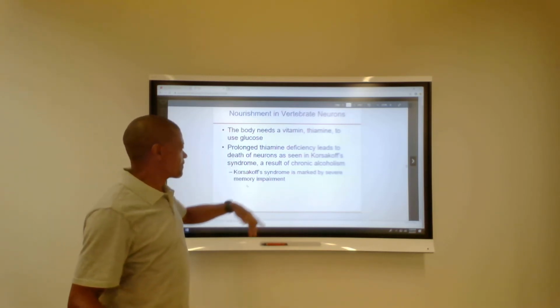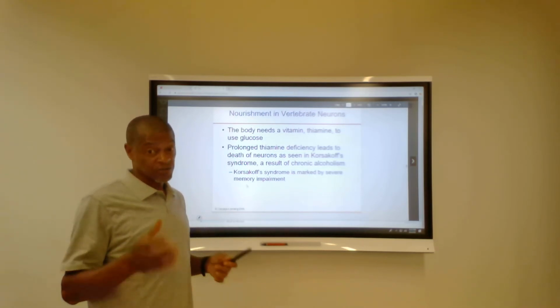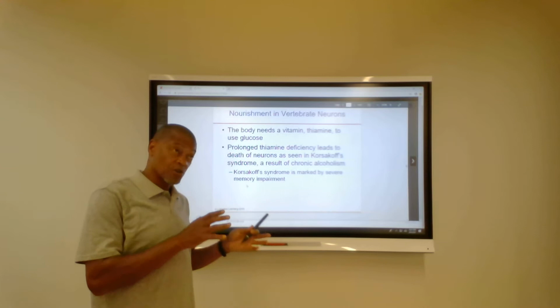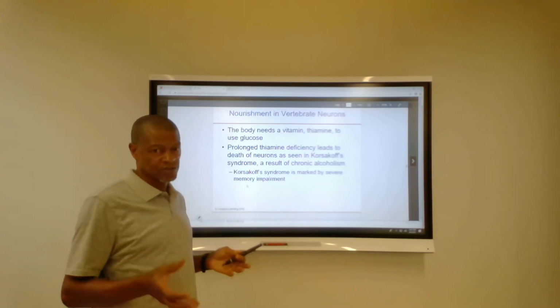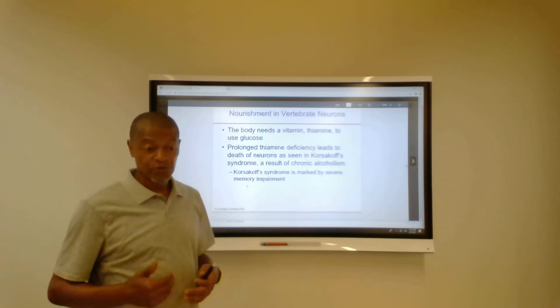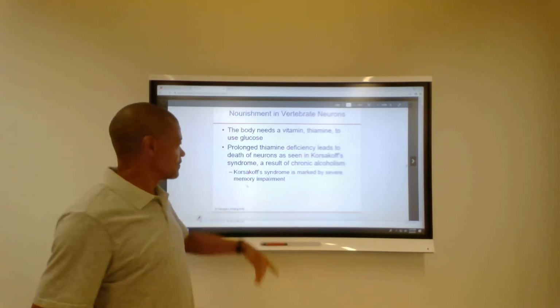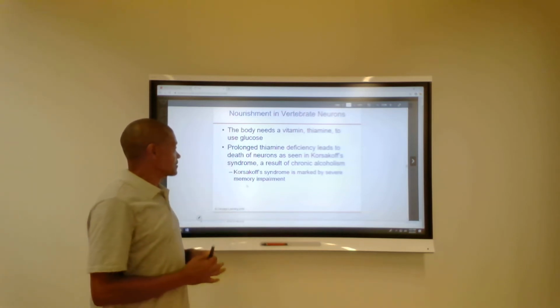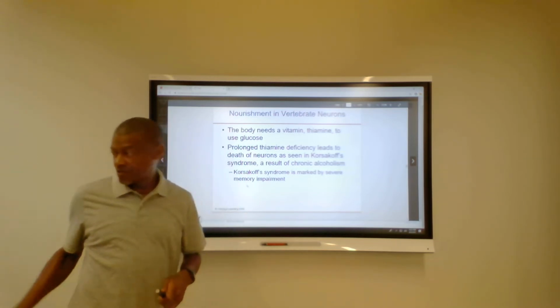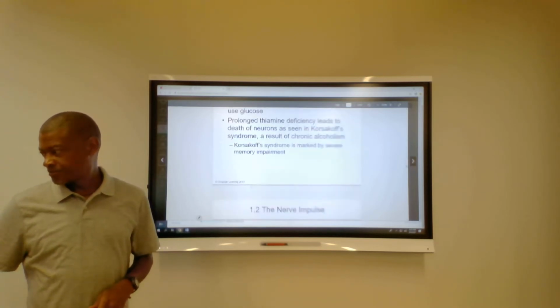So that deficiency happens because the person is no longer eating properly, because people who have Korsakoff syndrome are normally alcoholics. They're consuming alcohol and they're thinking they're getting their nutrition from the alcohol, but they're not. So they're lacking nutrition. Vitamin B1 is very important for getting into the brain, just like glucose is.